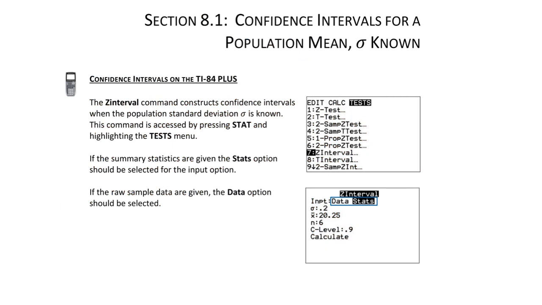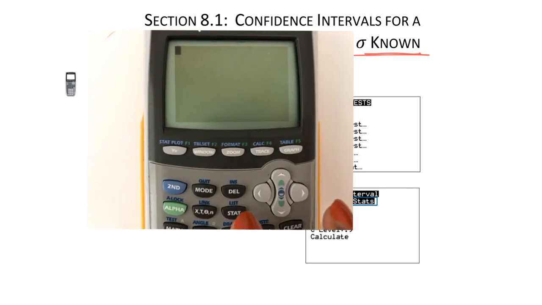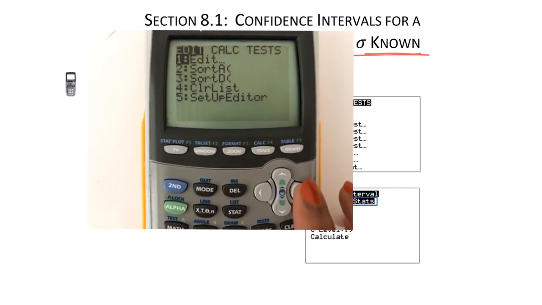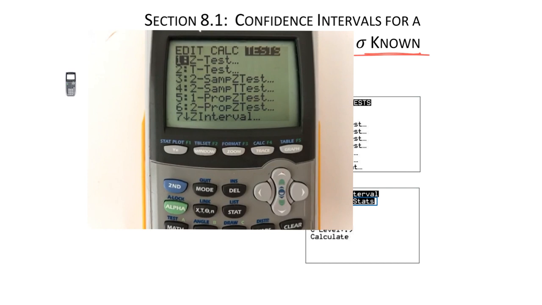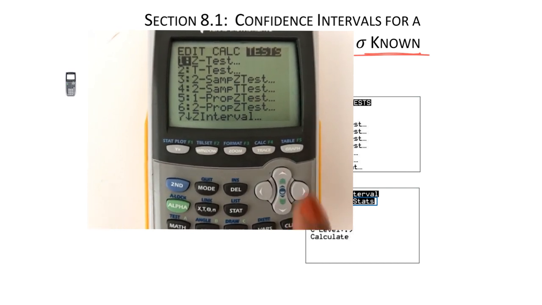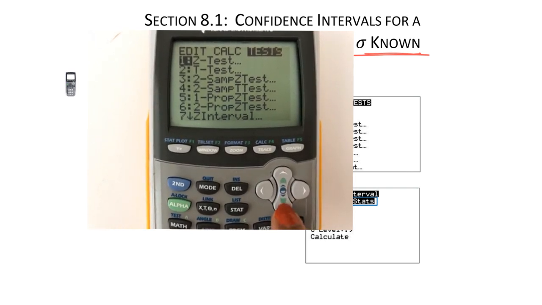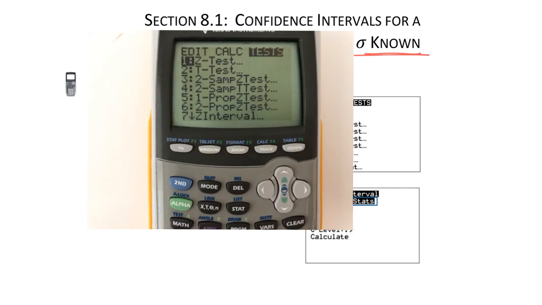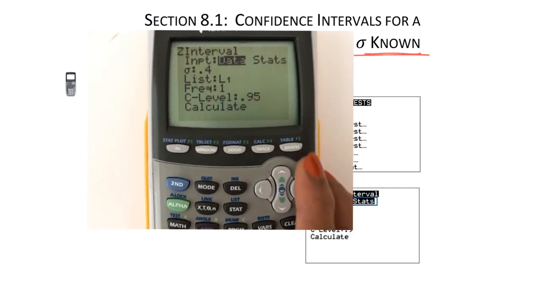You can use the TI-84 calculator to find the confidence interval for a population mean when sigma is known. First press STAT, use the arrow key, select TESTS. Select option 7. You can use the arrow key or you can press 7. Then highlight Stats, press enter.